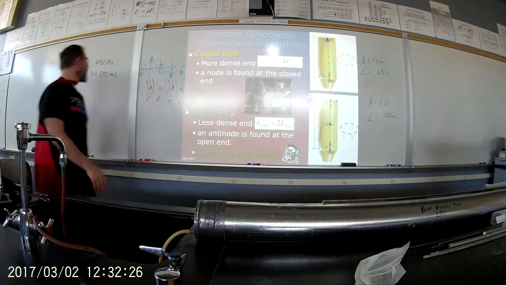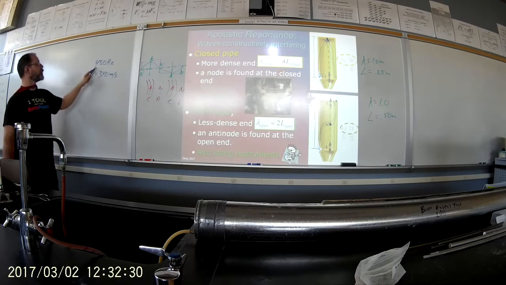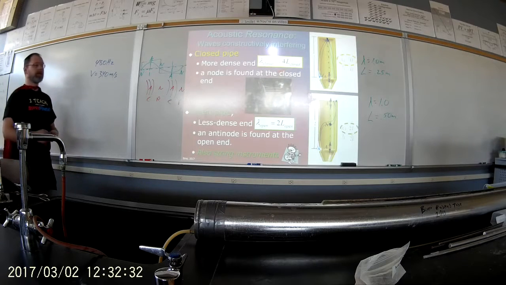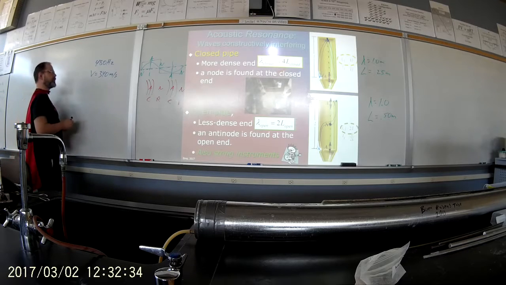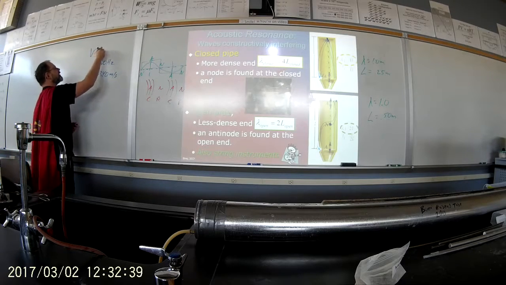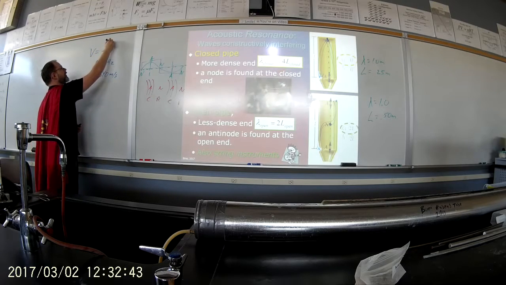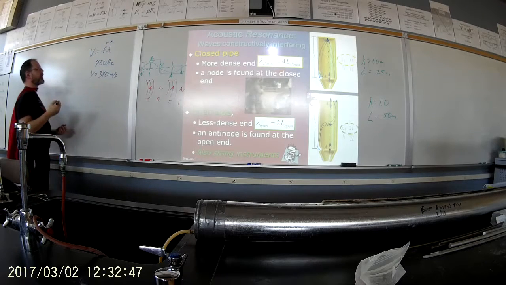Okay, cool. So I want to produce an instrument that produces a tone of 480 hertz. Let's make it a string instrument. And we remember that velocity is wavelength times frequency. So wavelength has a unit of meters, frequency has a unit of per second. So that's going to be meters per second.